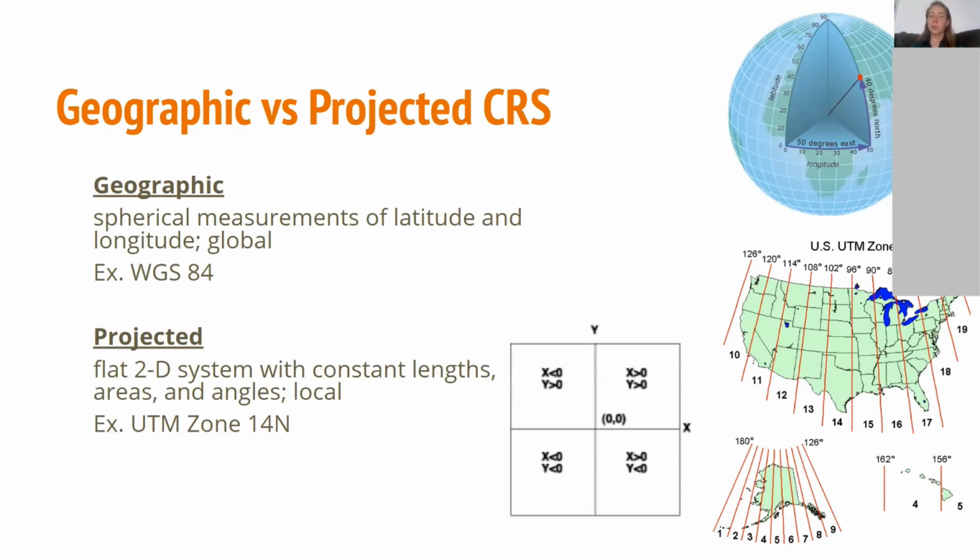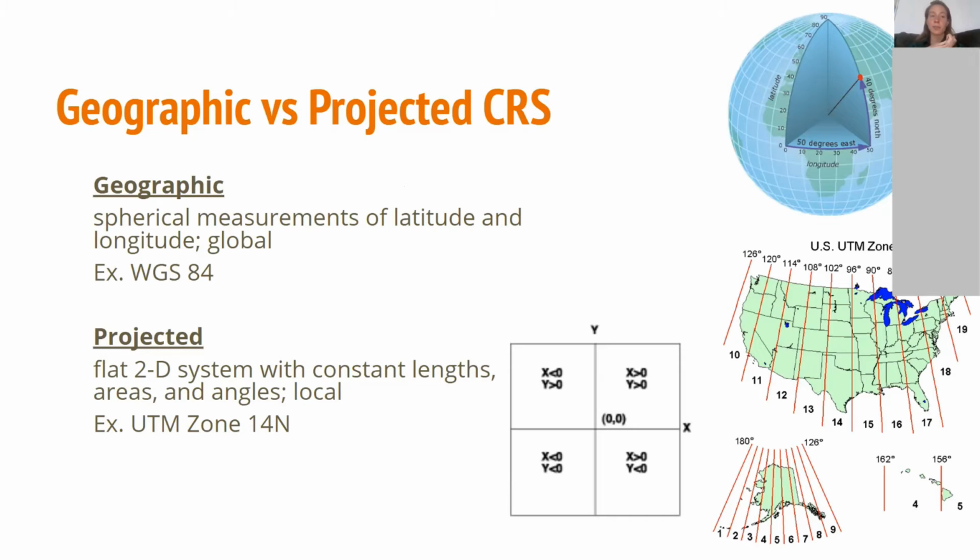The first is geographic. Geographic is going to keep the globe as a sphere. And when it is talking about coordinates within the sphere, it does so based off of degrees. The origin or datum is at the center of the globe, and you're working with longitude and latitude based off of degrees from the center.